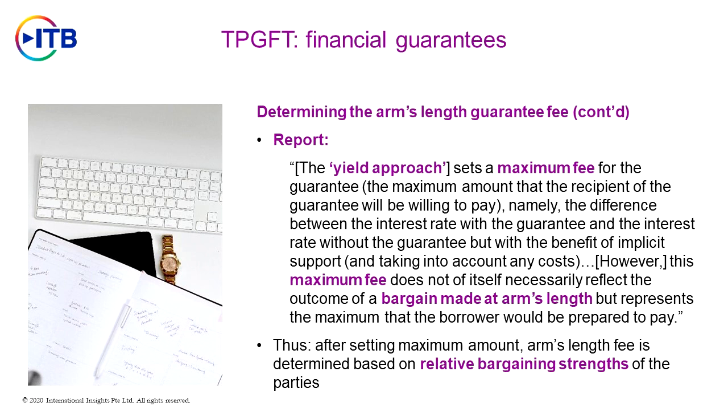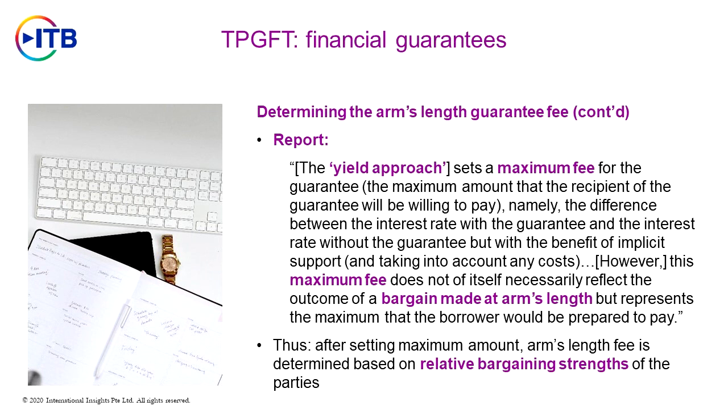An alternative method is the yield approach, which sets a maximum fee for the guarantee, the maximum amount that the recipient of the guarantee will be willing to pay, namely the difference between the interest rate with the guarantee and the interest rate without the guarantee, but with the benefit of implicit support and taking into account any costs.